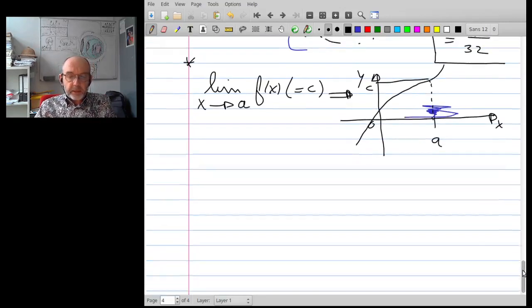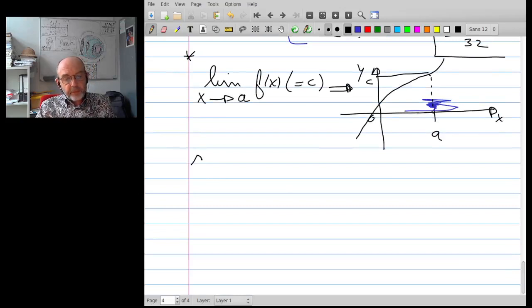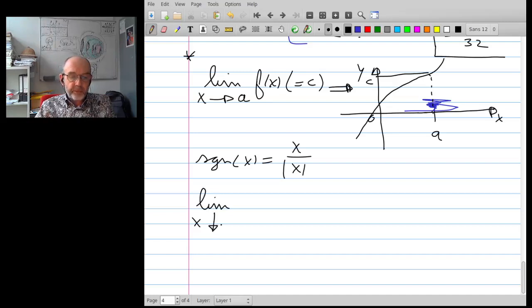But you can also have the sine function, for instance, x divided by the absolute value of x, and then you can also say, from now I take the limit from above to 0.